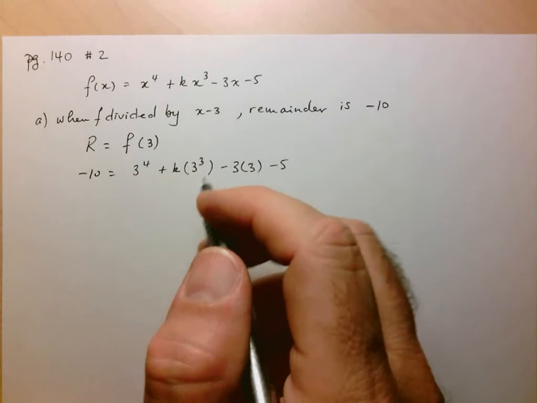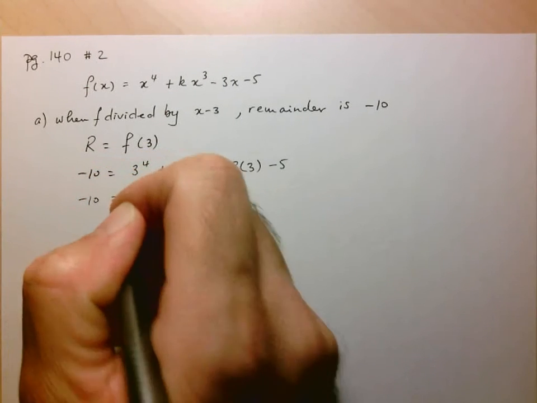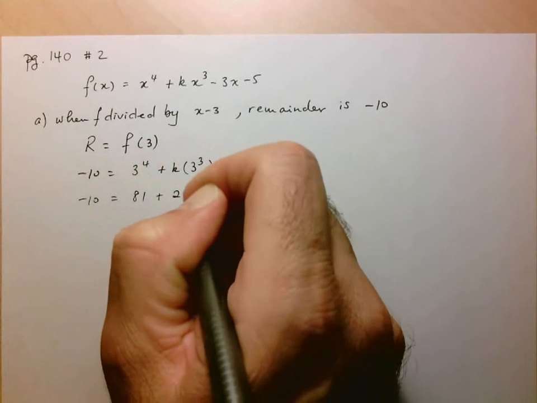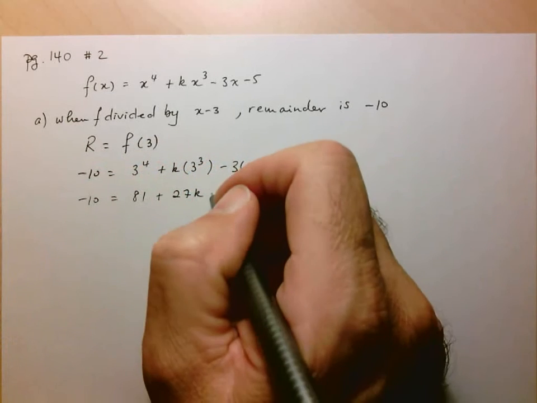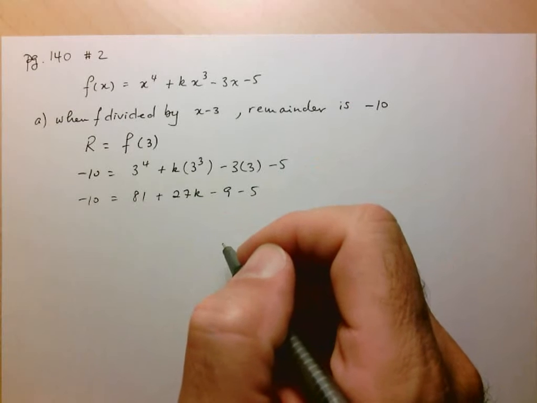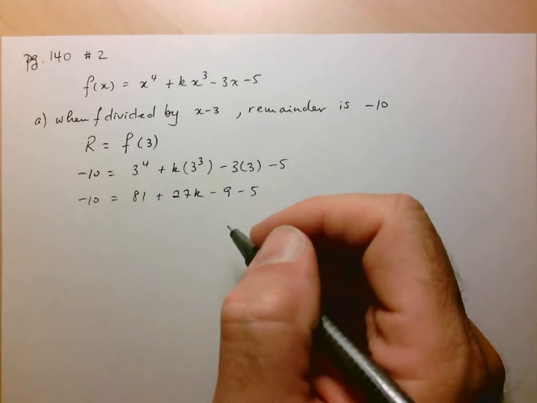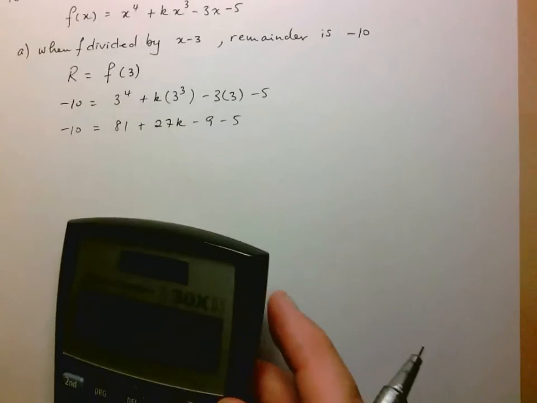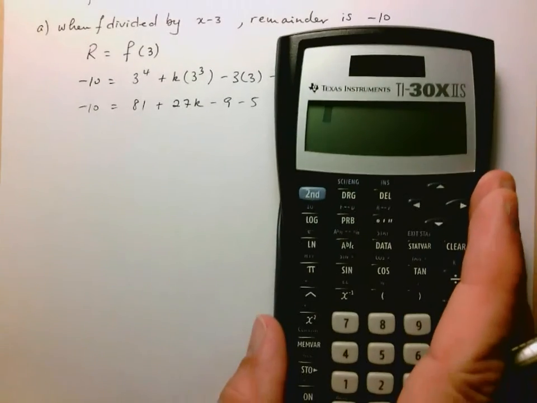Let's go ahead and do that. Here we have negative 10 equals, so 3 to the 4th is 81, plus 27k minus 9 minus 5. Let's bring everything to the other side, and I'm feeling a little lazy, so we'll use our calculator here to make sure we don't make any silly mistakes.